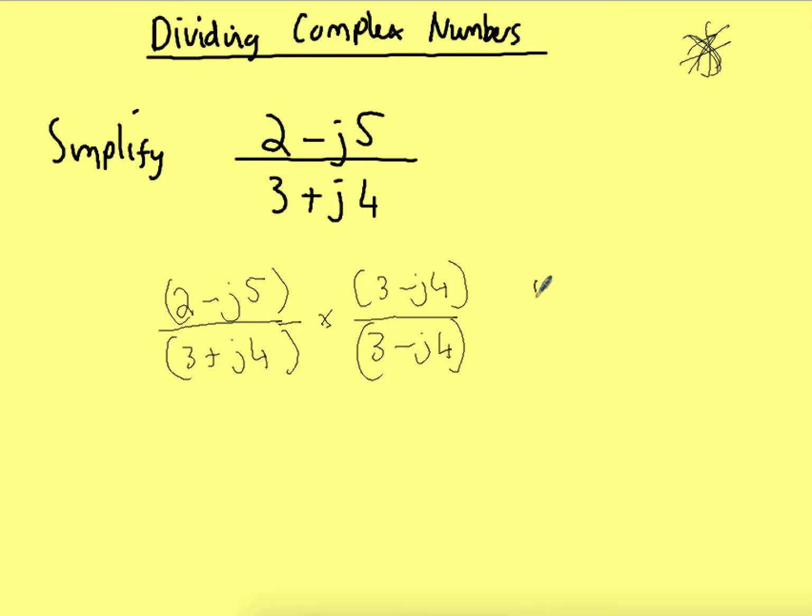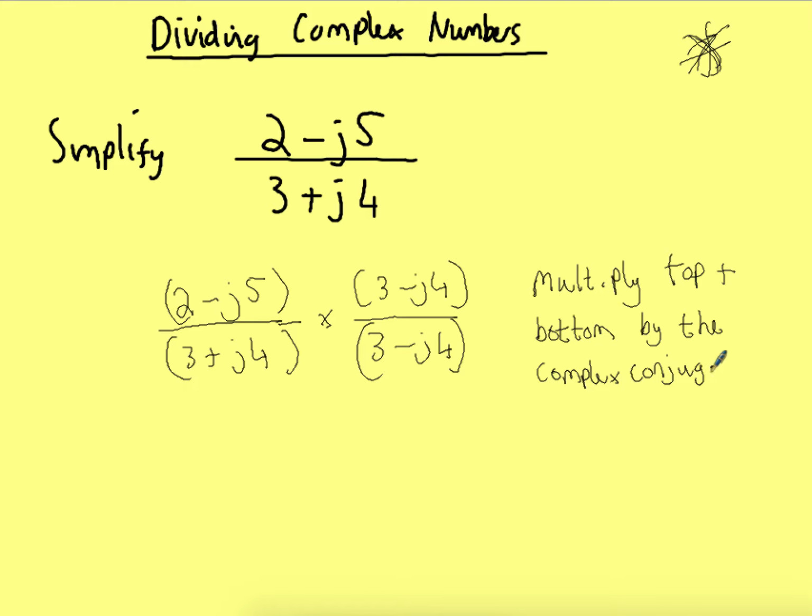So you multiply top and bottom by the complex conjugate.